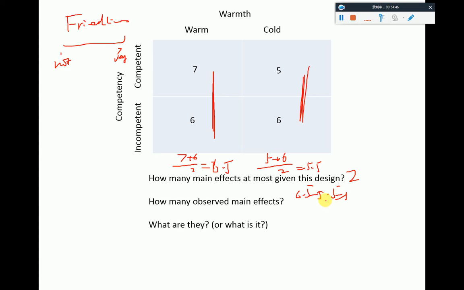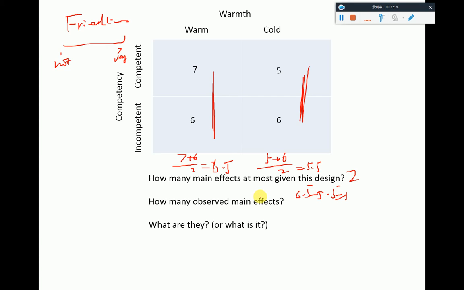There is indeed a difference between these two marginal means. That suggests that when Aaron is described as warm, regardless of whether this person is competent or incompetent, Aaron will be perceived as more friendly than when Aaron is described as cold, because 6.5 is larger than 5.5. There is a positive 1, so there is at least one observed main effect.